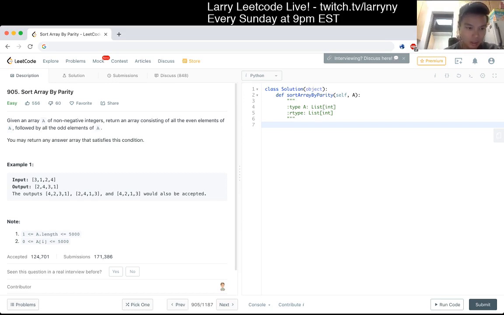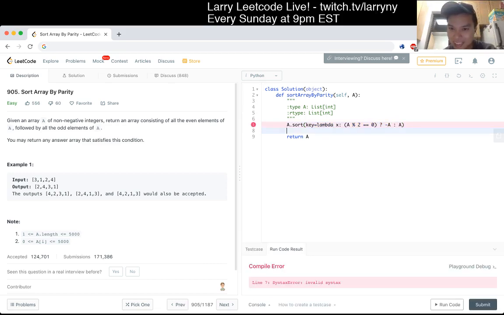Okay, cool. If it is even, then it goes in the beginning. Then maybe something like that. Oh, I guess that syntax is... is that the ternary operator?